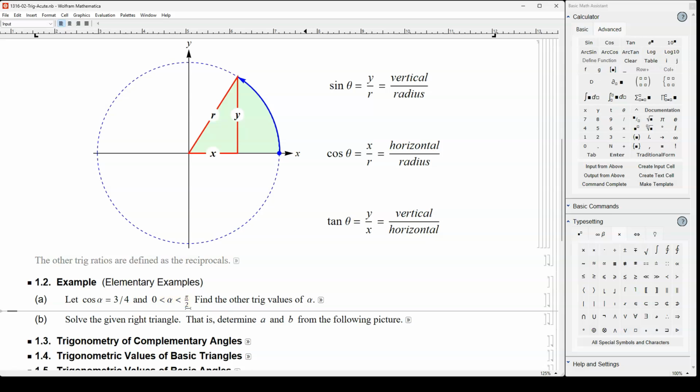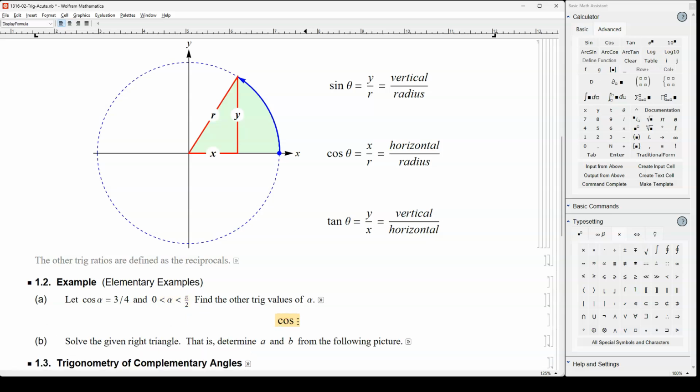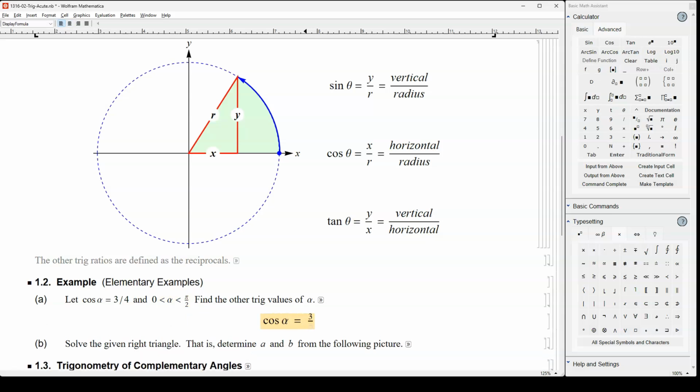Well, all right. Cosine of alpha is 3/4. And what is that? It's x over r, horizontal over radius. From that, you can easily deduce, you can put x is 3, and then r as 4.